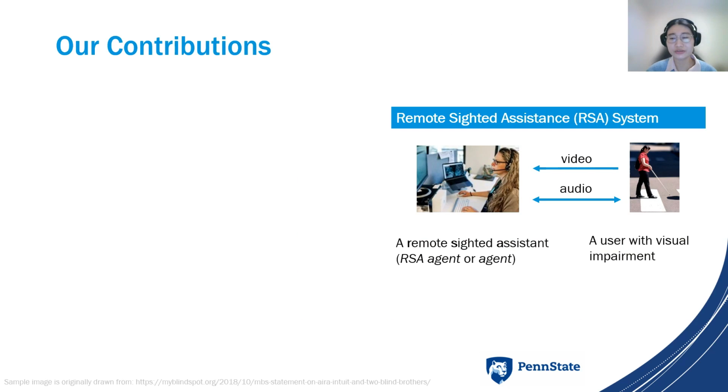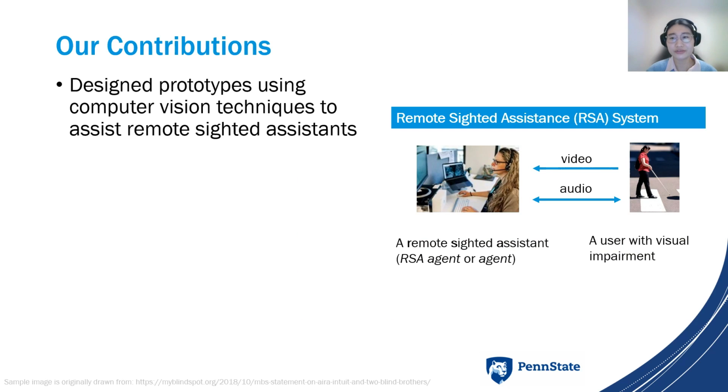We made 3 contributions in this work. First, we designed different prototypes on how to use computer vision techniques to assist remote-sighted agents so that they can assist users with visual impairments better. This is important because providing RSA service is mentally demanding and stressful for the agents.